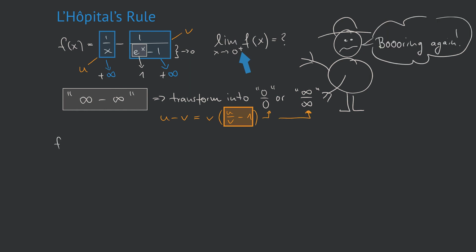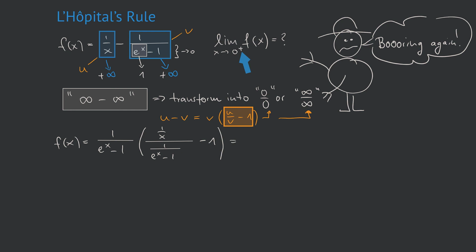We write f of x equals, and now I factor out v, which is 1 over e to the power of x minus 1. Then we open the brackets and have u over v, which is 1 over x over 1 over e to the power of x minus 1. And finally, there is another minus 1.